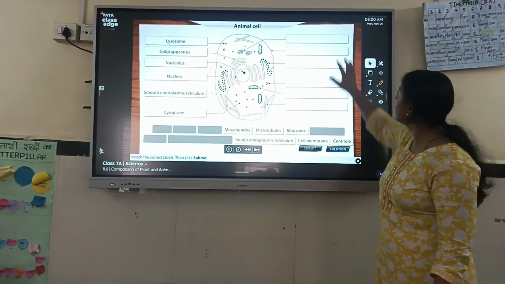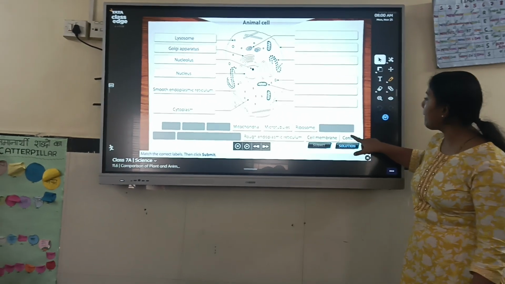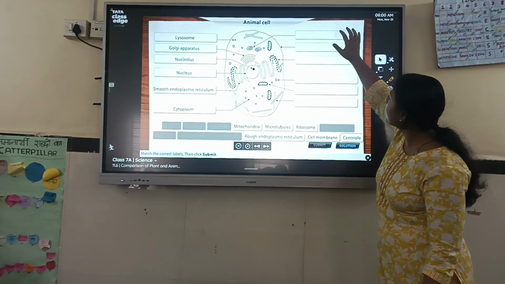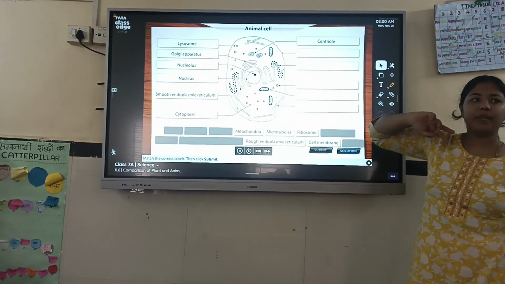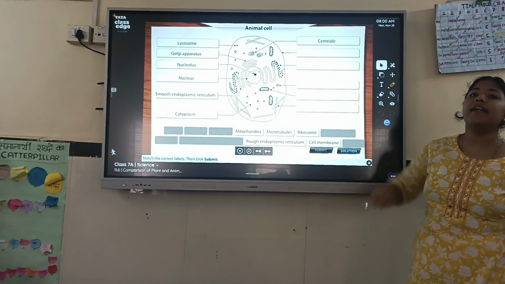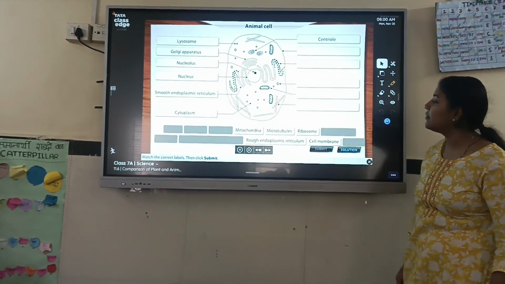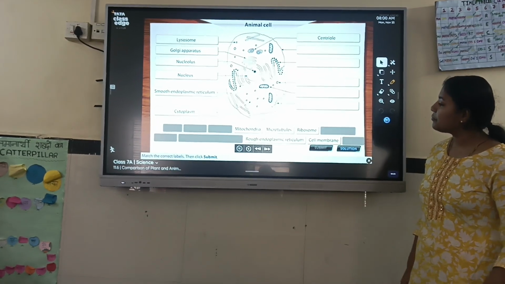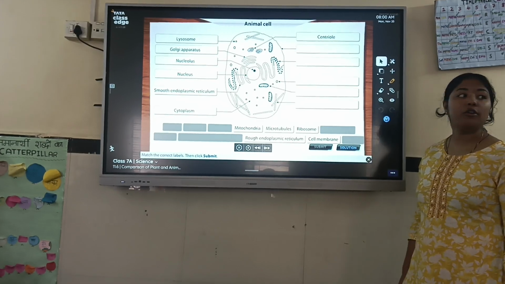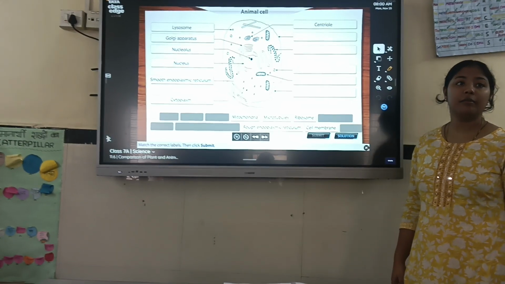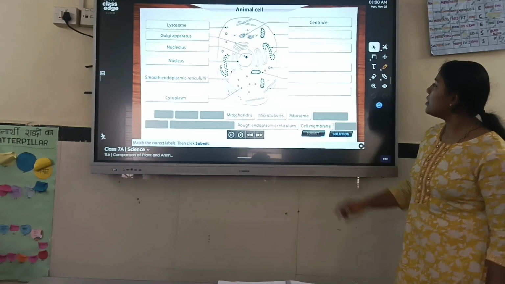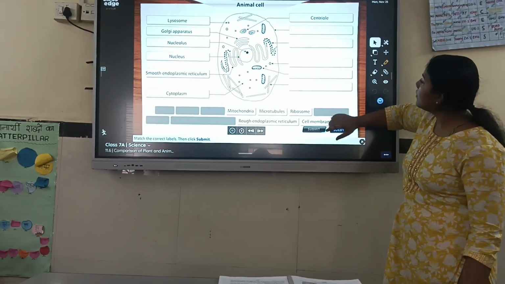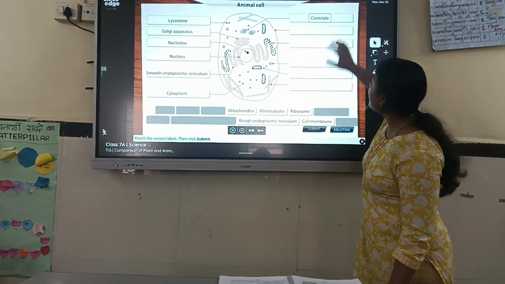Centrioles. Can it be microtubules? I'll shift centriole here then.